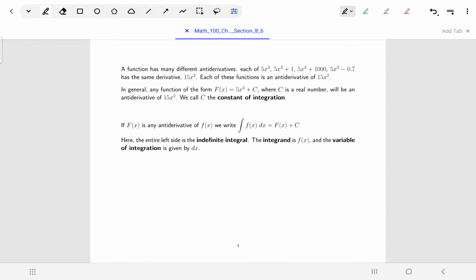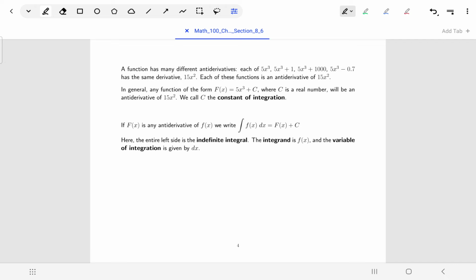Normally, when we say here's an antiderivative of a function, we express that family of functions by using a constant. So instead of saying a particular one like 5x cubed plus 1 or 5x cubed plus 1,000, I'm going to refer to all of them by saying capital F of x is 5x cubed plus c, where c is my constant of integration.